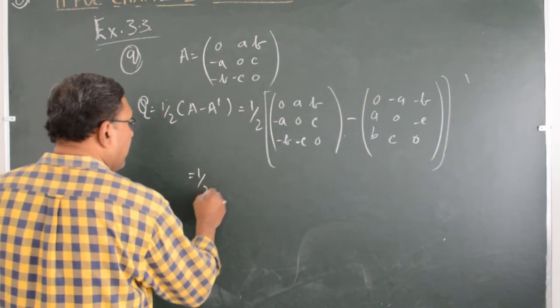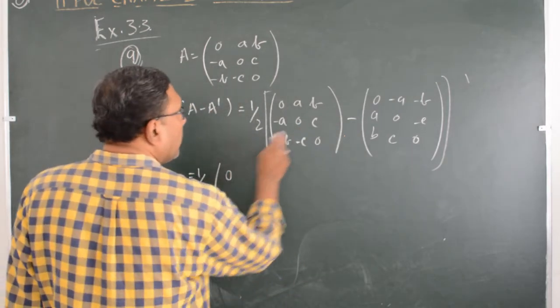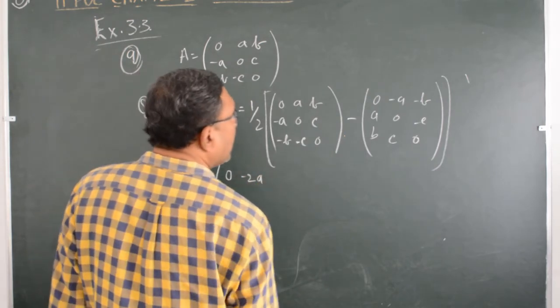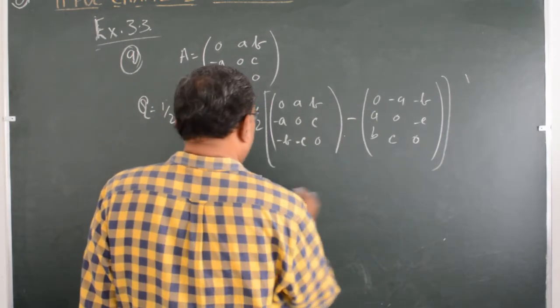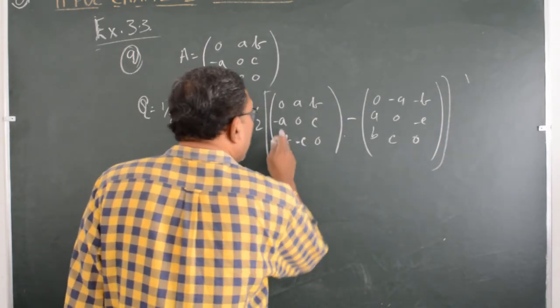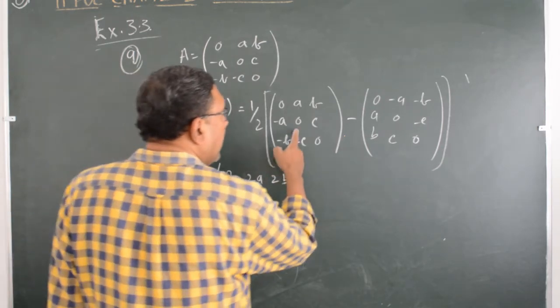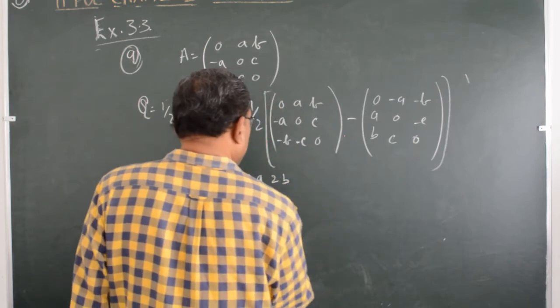Half, I'll keep it outside. 0 minus 0 is 0. A minus of minus a is plus 2a. And b minus of minus b is again 2b. And a minus of minus a is minus 2a. And 0, 0, correct. C minus of minus c is 2c.